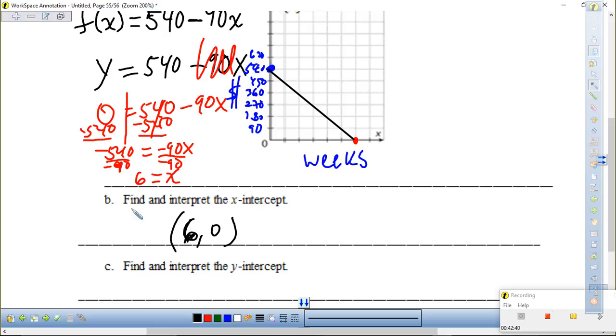It says we found it. Here it is. Now interpret what the x-intercept is. What does the 6 stand for, everyone? Weeks. And what does the 0 stand for? So what would you say this stands for?